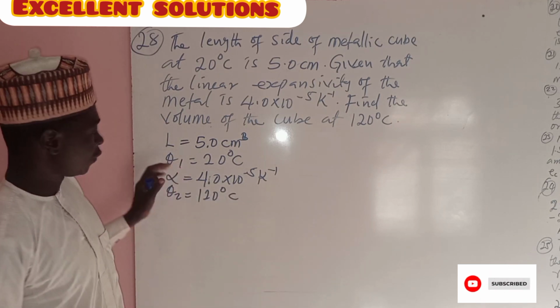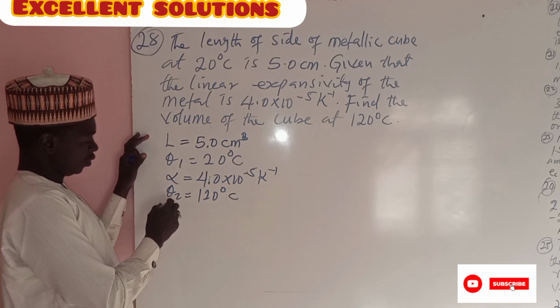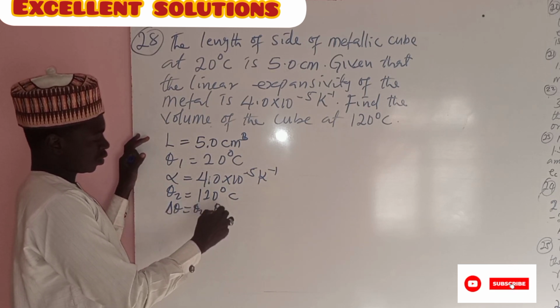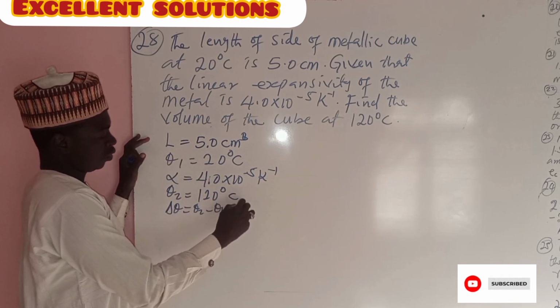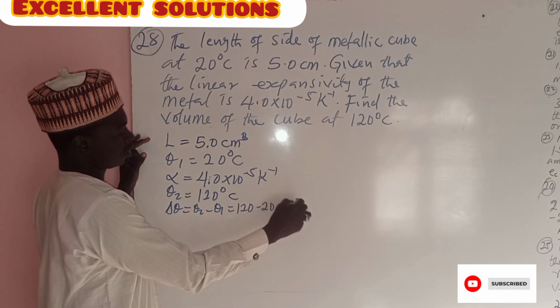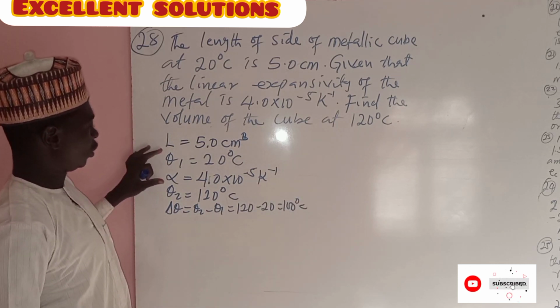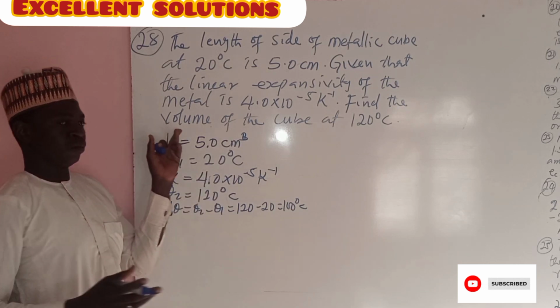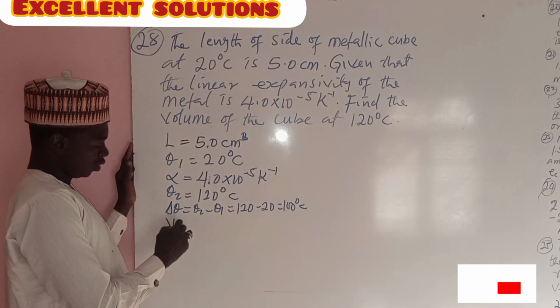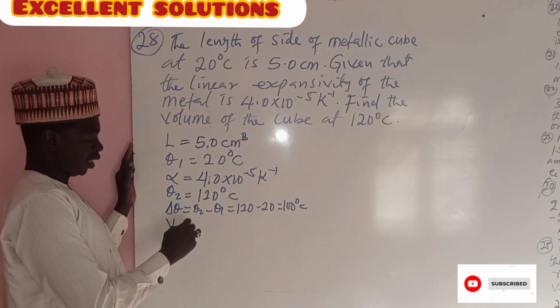Theta 2 equals 120 degrees Celsius. So the first thing we need to find here is our delta theta. Delta theta equals theta 2 minus theta 1, which is 120 minus 20, and this is 100 degrees Celsius. We are looking for volume, but we don't have V1 here. So recall that volume is equal to length times breadth times height.